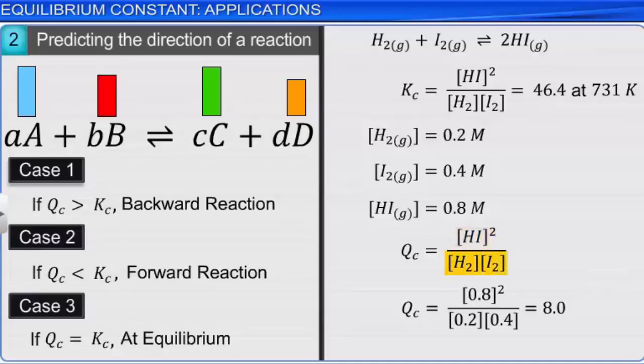This is equal to 0.8 squared divided by 0.2 into 0.4. The value of the reaction quotient comes out to be 8.0. As the value of the reaction quotient is smaller than the equilibrium constant, the reaction proceeds in the forward direction. It means that more of gaseous hydrogen and iodine react to form the product hydrogen iodide.